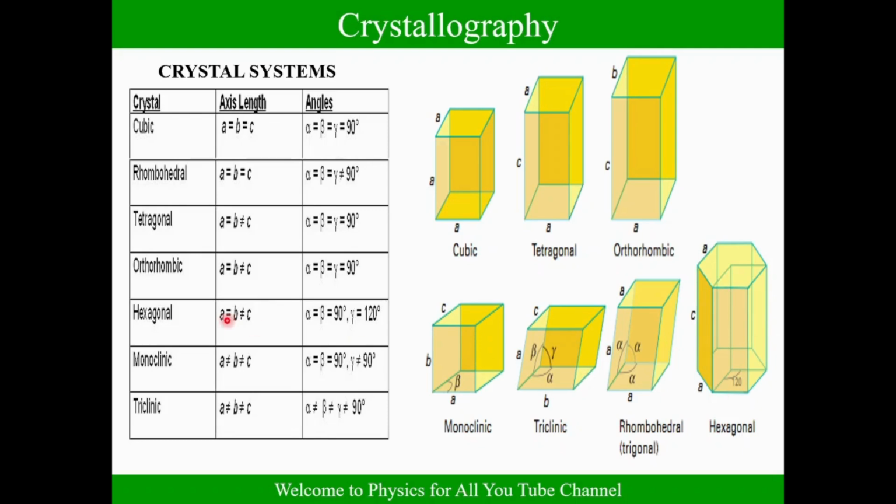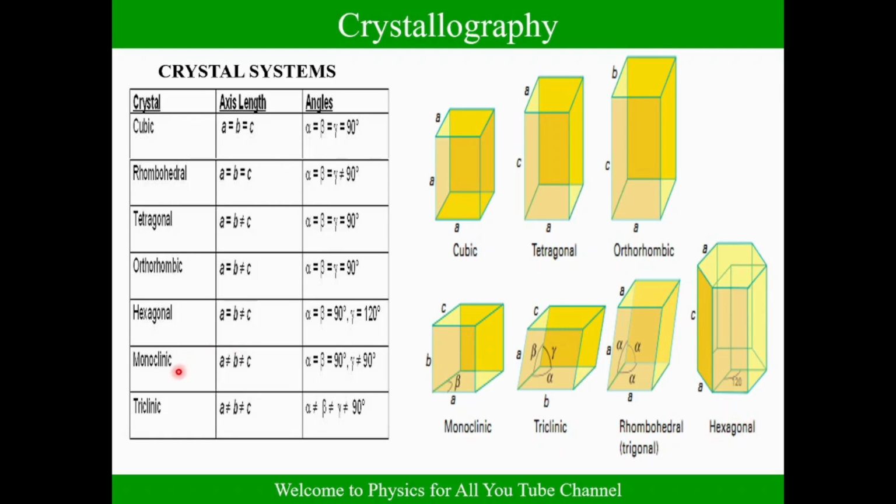For example, in the case of hexagonal, two sides are equal. In this example, this axis and this axis are equal, while the third axis is not at all equal. Coming to the angles, two angles are 90 degrees and the third angle is equal to 120 degrees. So such a system is called hexagonal.